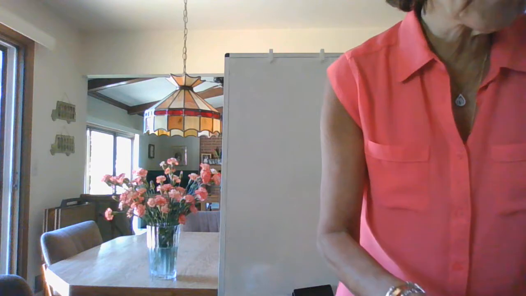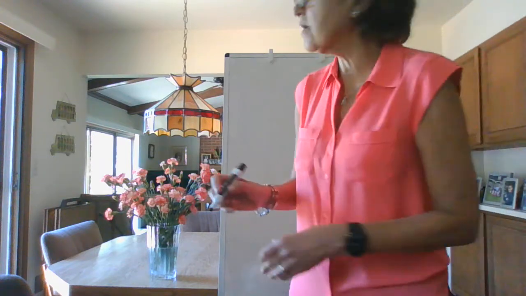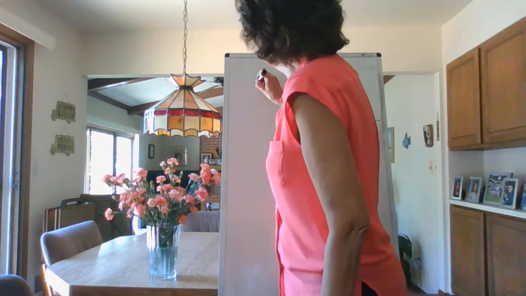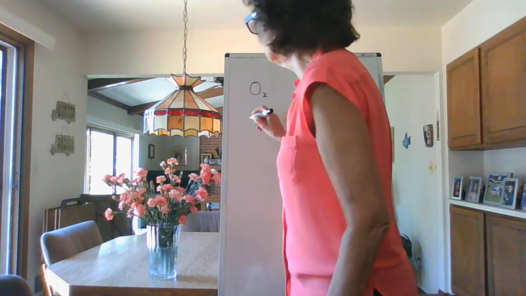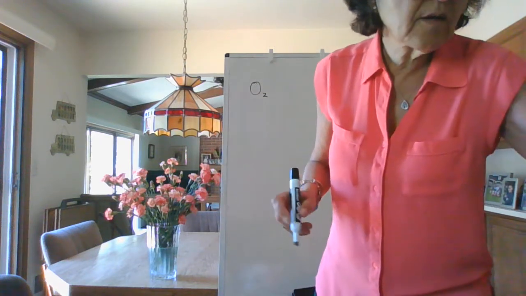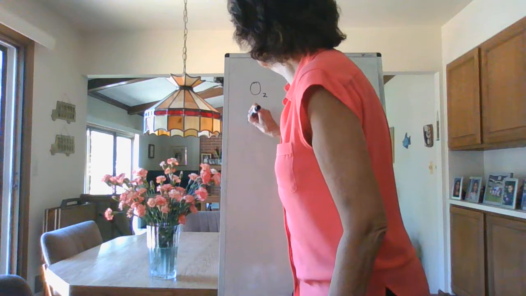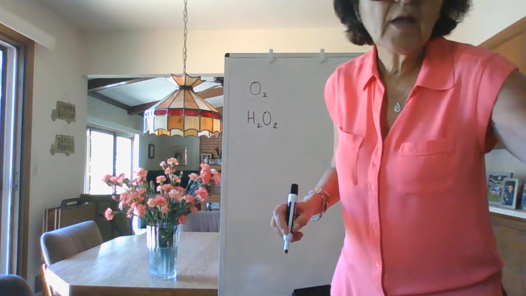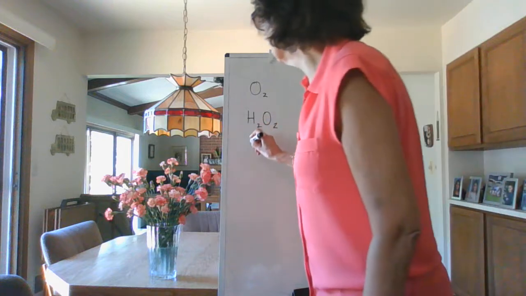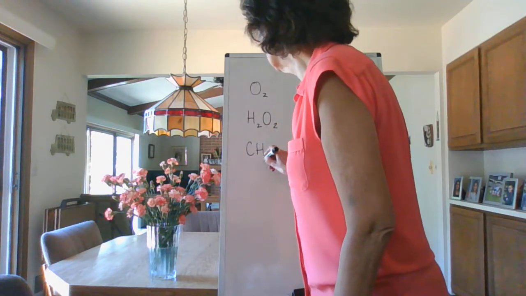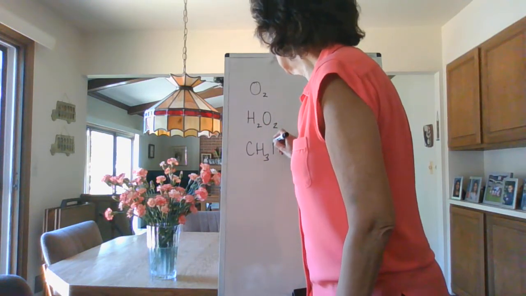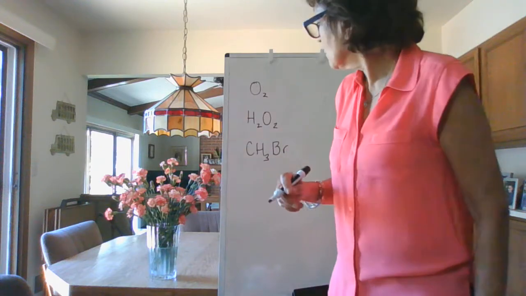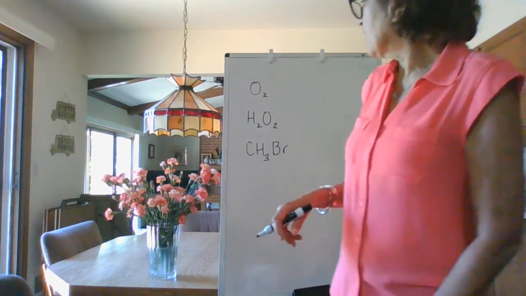And before I do that, let me just end this part with this. Let's say I had a molecule of oxygen and a molecule of hydrogen peroxide and a molecule of bromomethane.